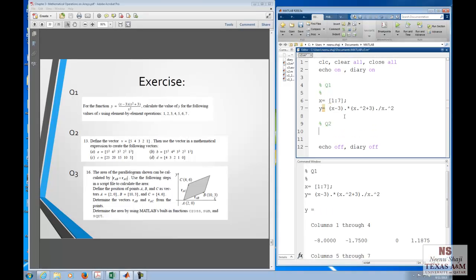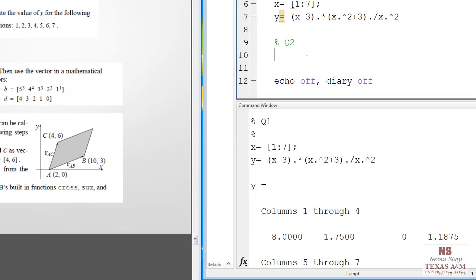Question 2. Define the vector v. It goes from 5, 3 to 1. So we have 5, decrement of -1 till 1. Then use the vector in a mathematical expression to create the following vectors. So part A, let's call A equals, how do you use this vector?